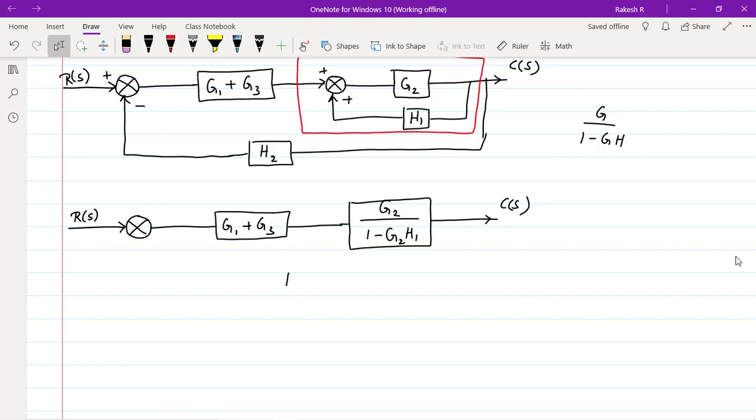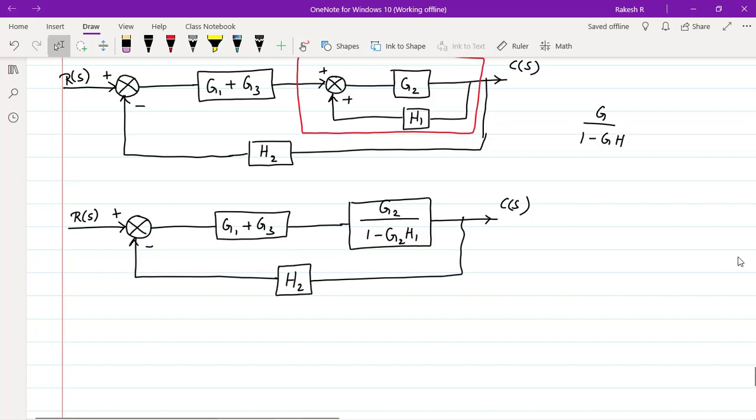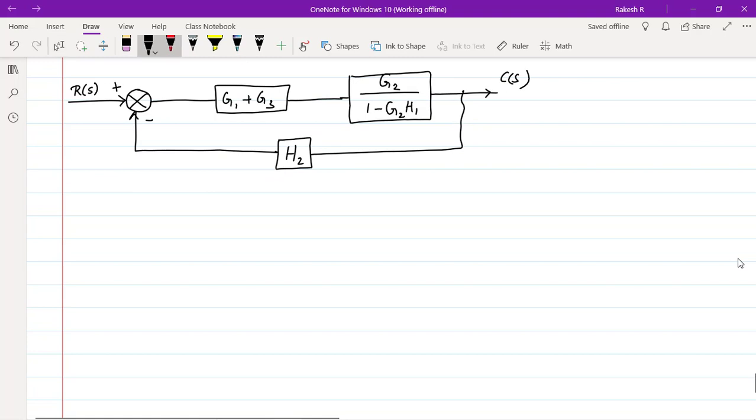And apart from this, we have the feedback loop here, that is H2, the feedback we have with negative feedback loop. This is negative, positive. Right. Now, what we are supposed to do, again follow the steps. First check whether the blocks are in series. Yes, these two blocks are in series here.